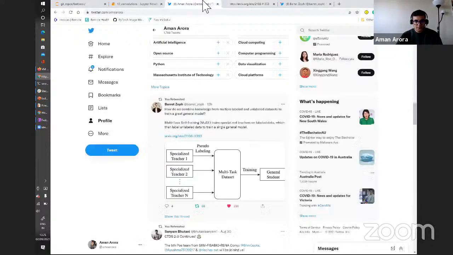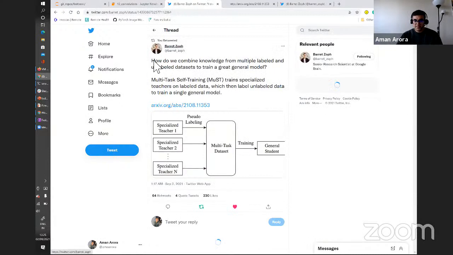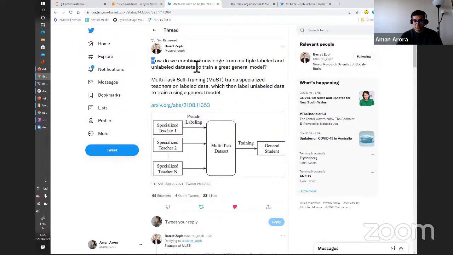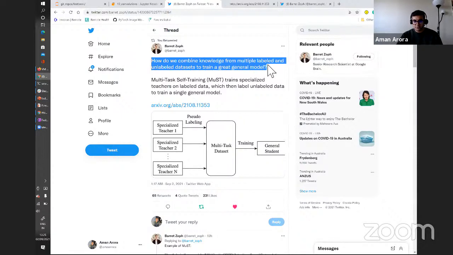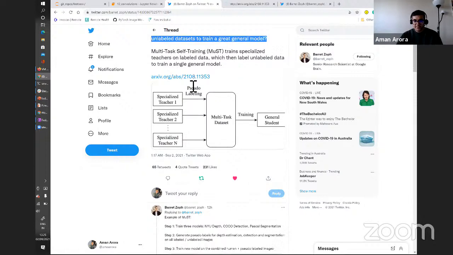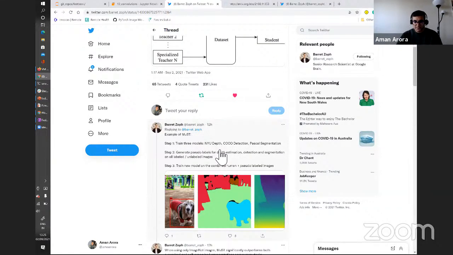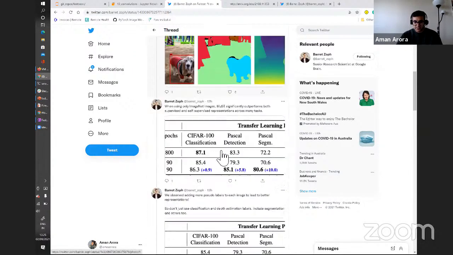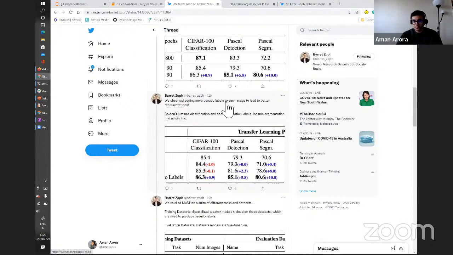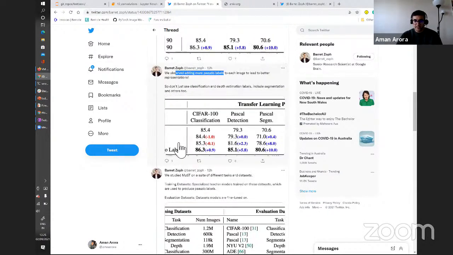The point is, there's this paper that tries to answer the question: how do we combine knowledge from multiple labeled and unlabeled data sets to train a great general model? And you can see that it's being discussed on Twitter. There's an example, there are visualizations, there are the results, and there's what happens when you add more pseudo labels.